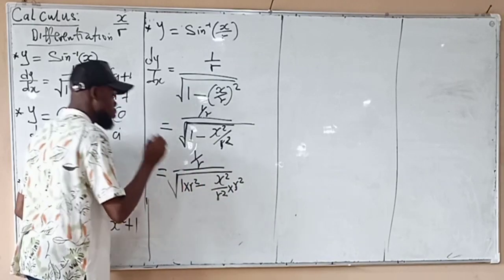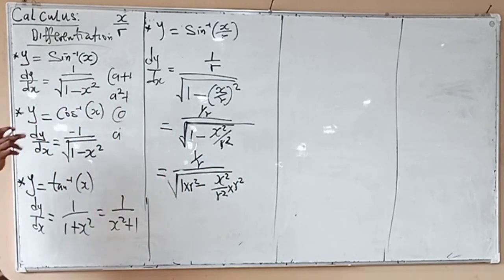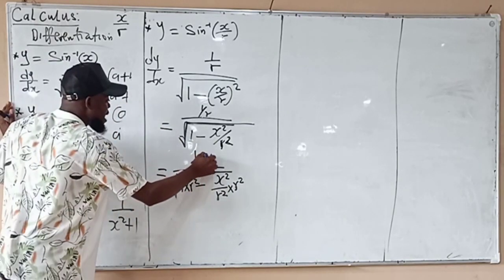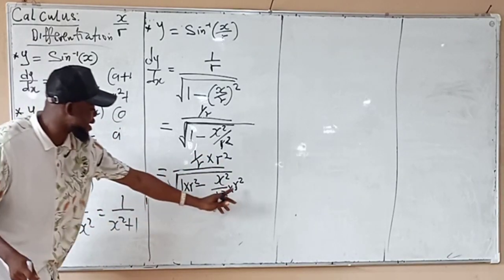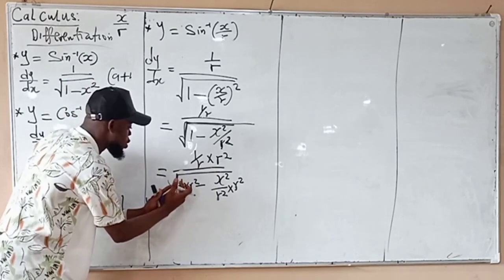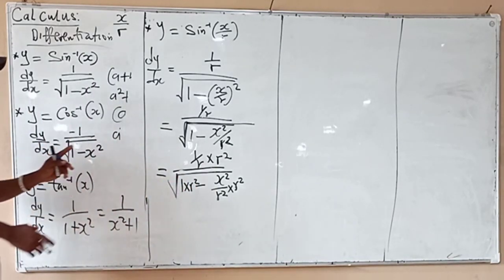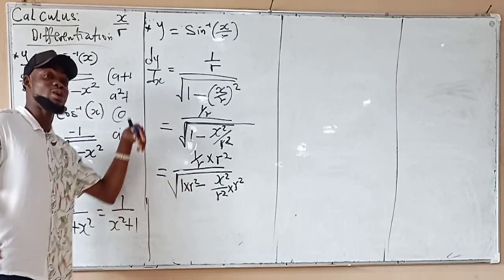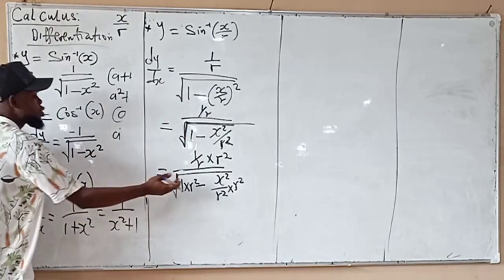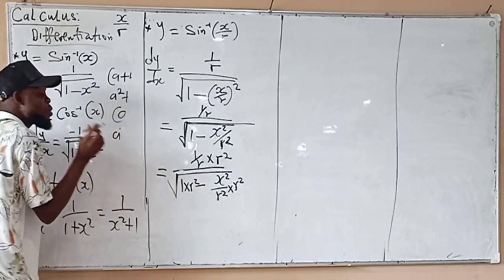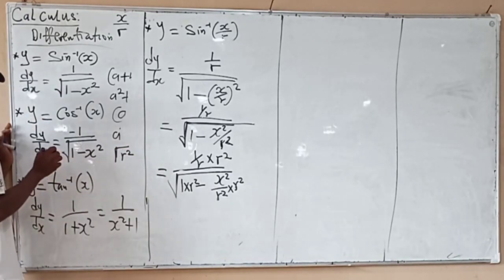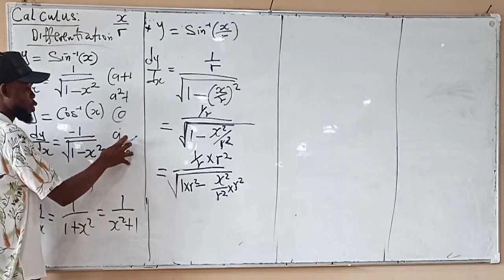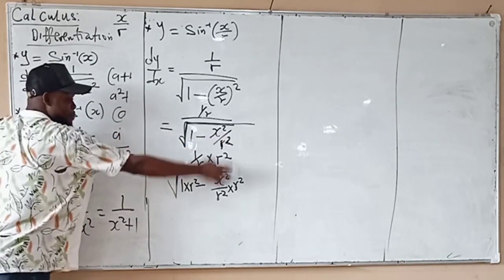So if I move this r squared out of this square root, the square will go away. For example, to multiply the numerator, I will multiply by the square root of r squared. I'm using the square root of r squared to multiply both sides.